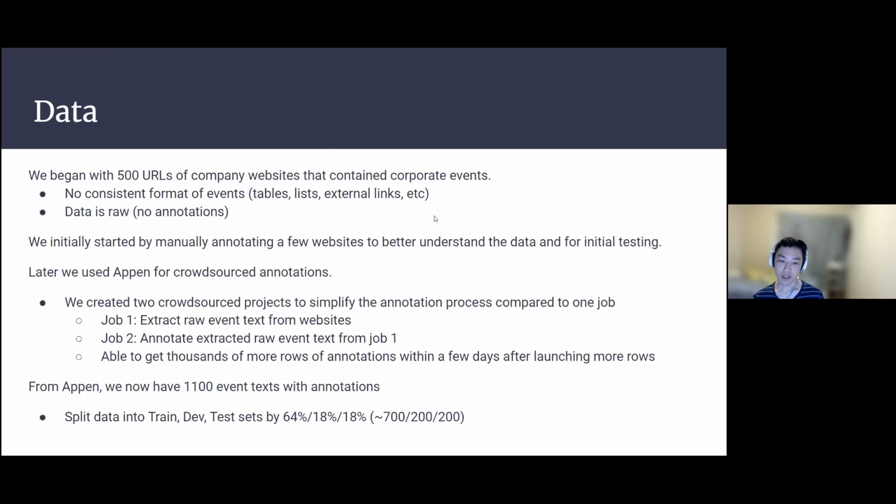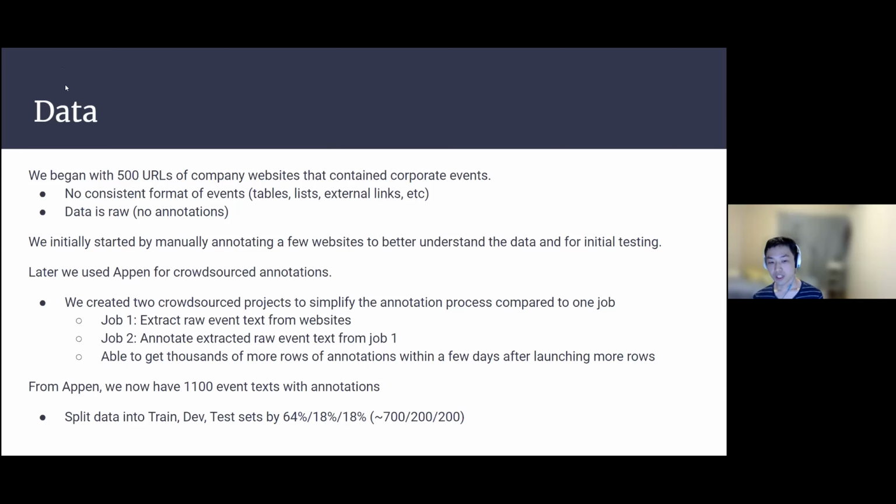On the Appen platform, we created two jobs. The reason for this was to make each job simpler and also to check in between the jobs for quality. The first job was to extract the raw event text from websites. And the second job was to annotate the extracted text with our fields.